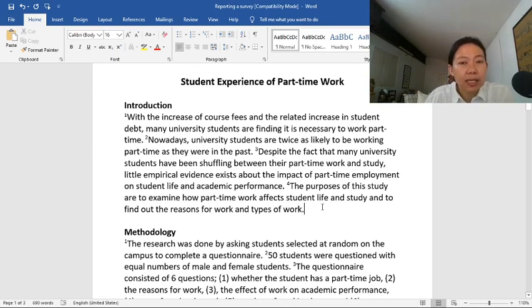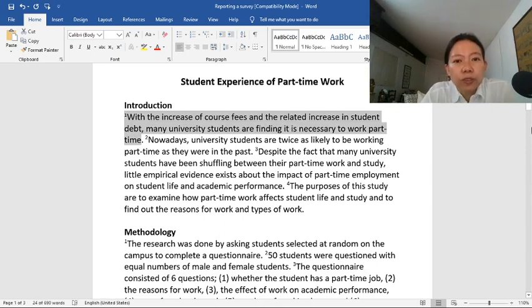Starting from the first sentence, "With the increase of course fees and the related increase in student debt, many university students are finding it is necessary to work part-time." So in the first sentence, the author established a research area by talking about many university students doing part-time work.